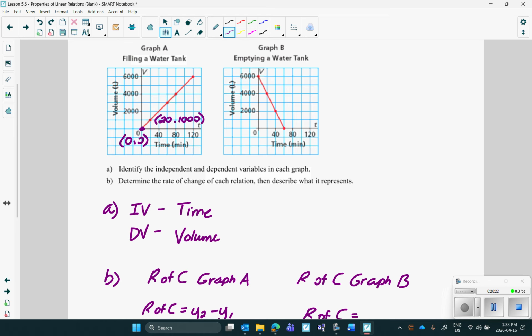What's this one? 0, 6,000. What's this one? 60. Okay, so we have to do 6,000 minus 0 over 0 minus 60.